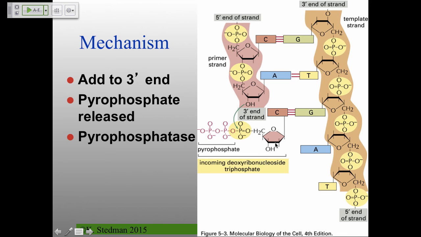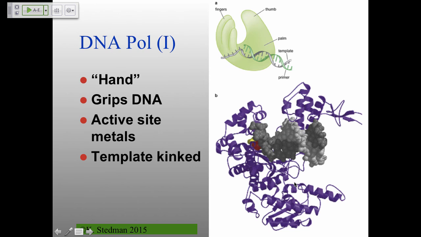We talked about this hand structure. Here it's even more nicely shown as a hand. This is the actual model for the structure here. But most important as far as this is concerned is that we have a couple of metal ions that are present in the active site.